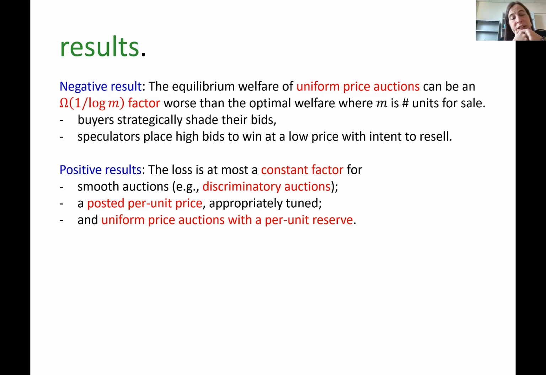And then finally, I'll criticize both of these discriminatory and posted price auctions from the perspective of the EU ETS and propose that for the EU ETS, what I would recommend if they want to guard against speculation is to introduce reserves into their existing uniform price auctions.